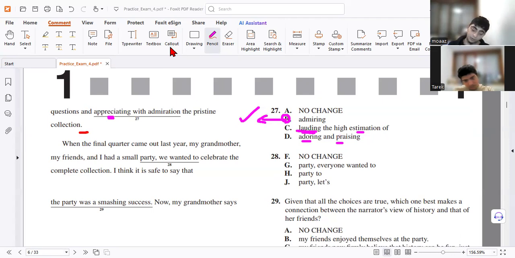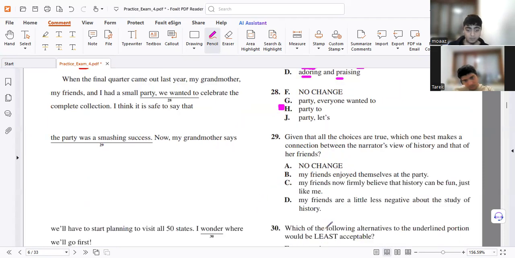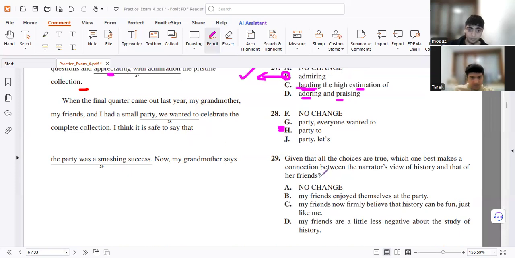28 is H. 28, H. Correct. 29. A. Load it again. C. C, yep.